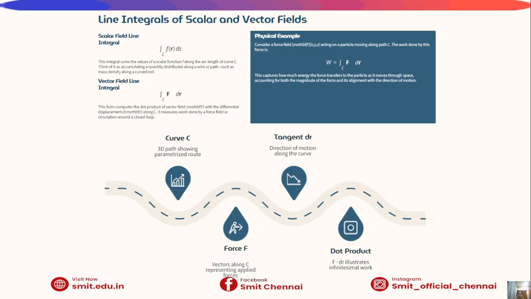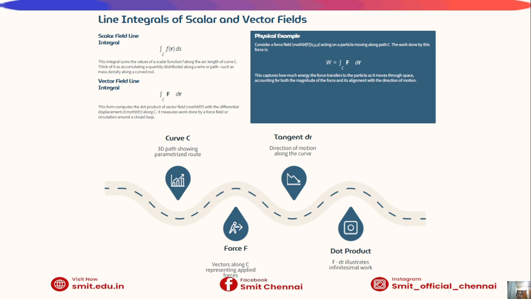Next, we see the line integrals of scalar and vector fields. When we perform a scalar line integral, we integrate a scalar function along the arc length of a curve. This represents accumulation of a quantity along a path. In contrast, a vector line integral calculates the dot product between the vector field and the differential displacement vector.